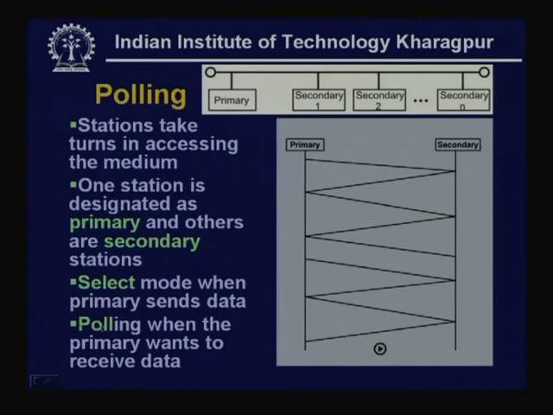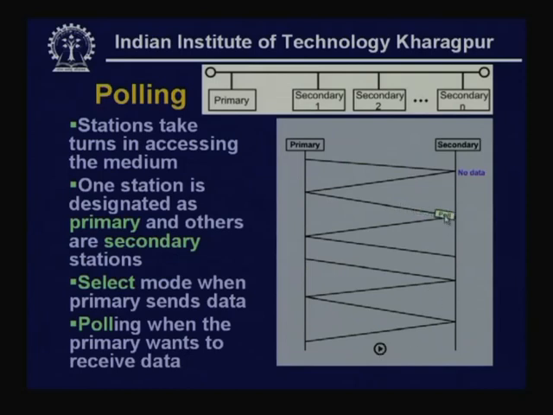On the other hand, in the polling case, data is coming from the secondary to the primary. In such a case, the primary will send a polling signal to one of the secondaries, the secondary will send an acknowledgement, and then the data transfer will take place. Let us see how exactly it happens. First, let us consider the polling mode. In this case, the polling signal goes to all the secondaries, and one of the secondaries will respond. If it has no data, then a no acknowledgement signal will come, and another polling signal will be sent by the primary.